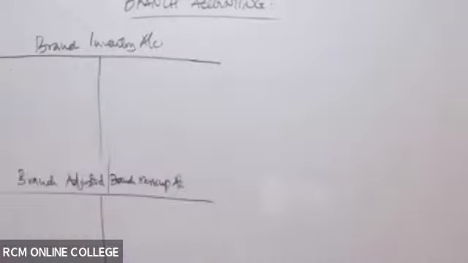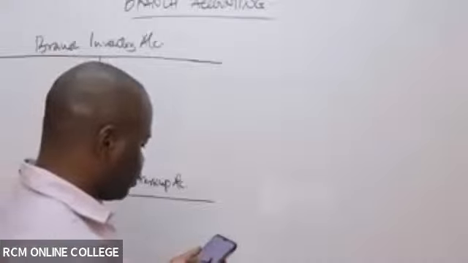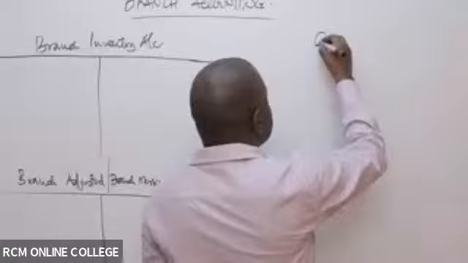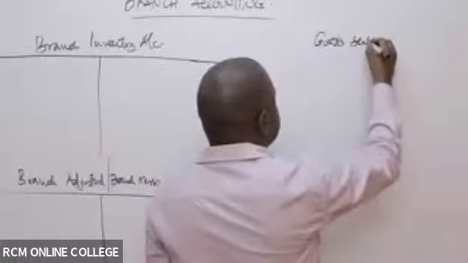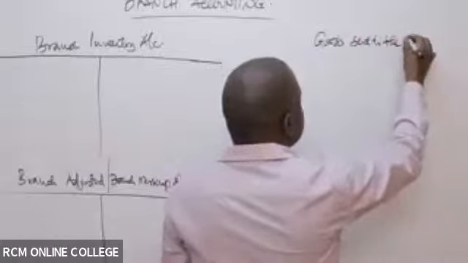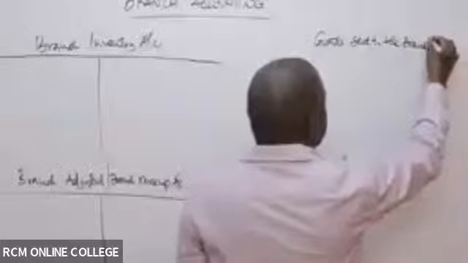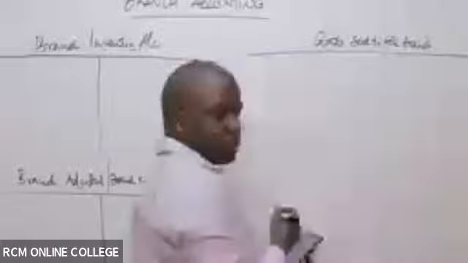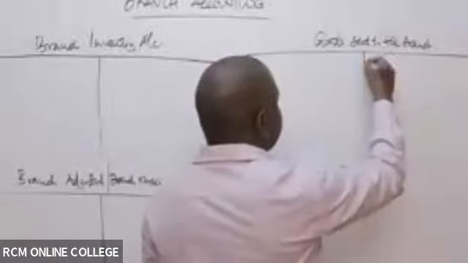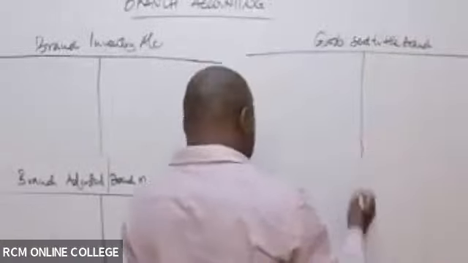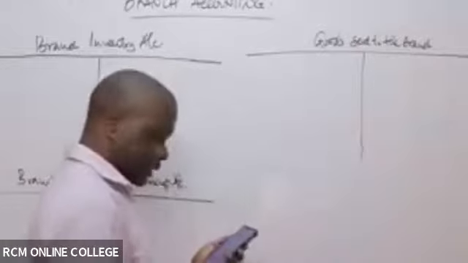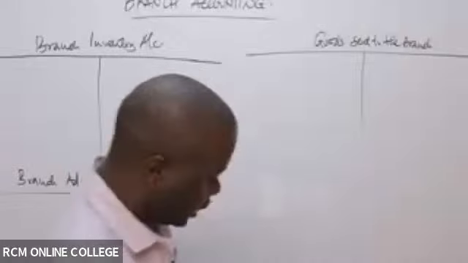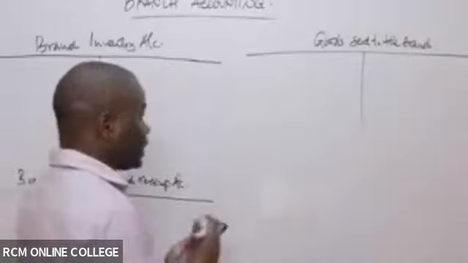Then we have the goods sent to the branch account. So we can open it, if you're able to see it. Then the final one, the branch debtors account.